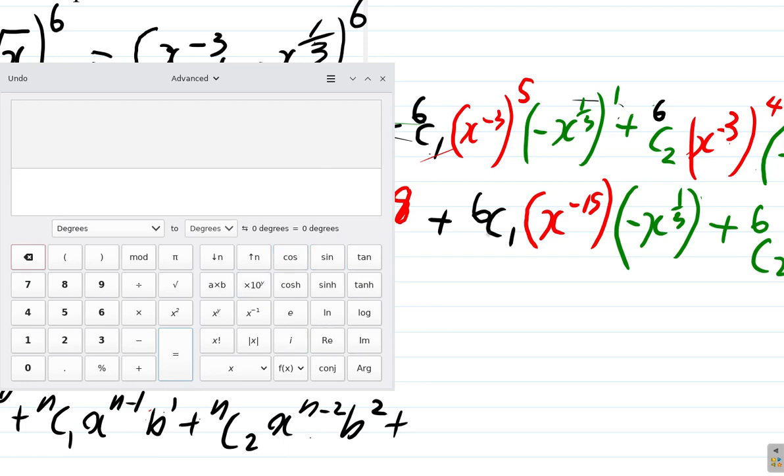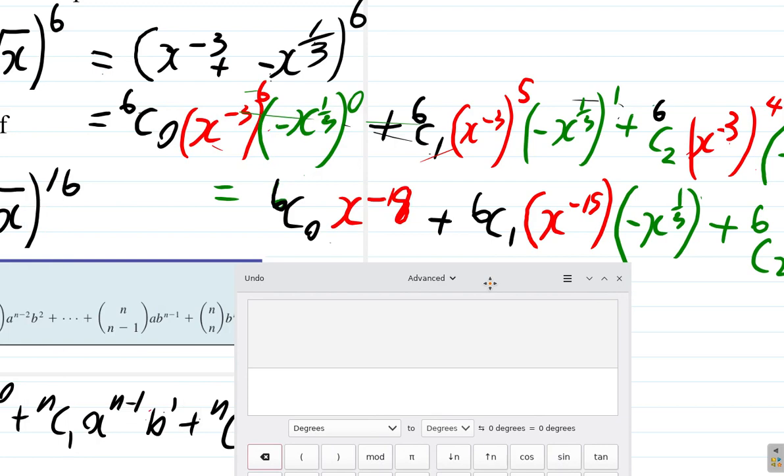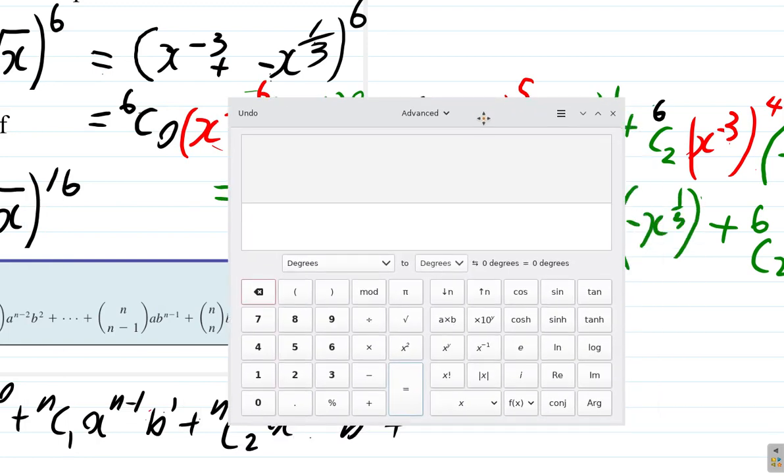Well, you know, it's going to be 6 factorial over 6 minus 0 factorial, 0 factorial. But where is the factorial on this calculator? I don't have factorial on this.